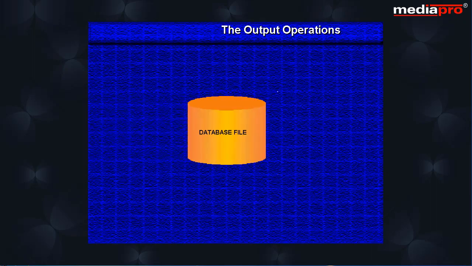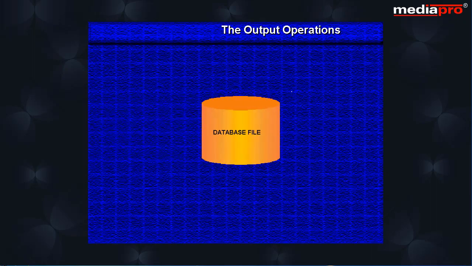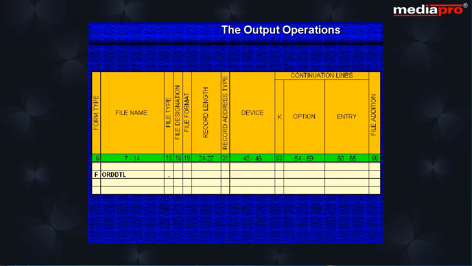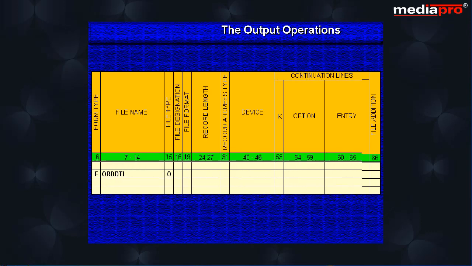Let us move on to the output operations that can be performed on database files. First of all, on the F specifications, we specify an O in column 15 for output. We specify a K in column 31 if the file is to be accessed via a key in positions 40-46.